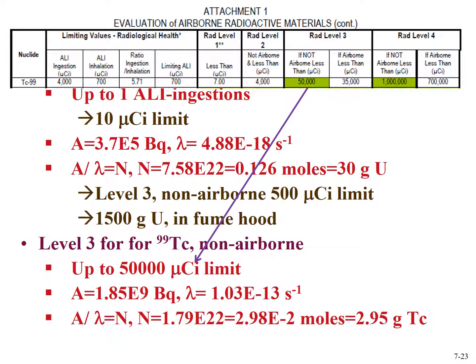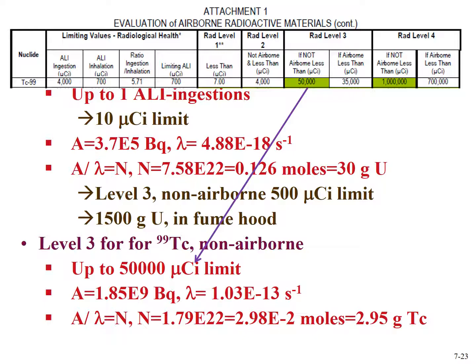And if you look at the data, it's either going to be the limit based upon the ALI or up to 50,000. So technetium hits that limit. One of the reasons that the ALI limit is so high is also coupled with the biological behavior of technetium as pertechnetate. Ingested, it is readily passed, which is one reason that it's used in radiopharmaceuticals.